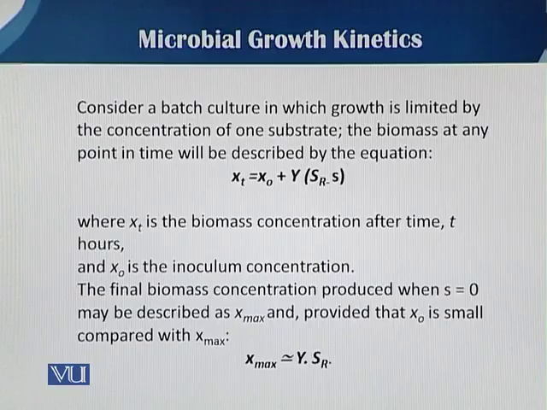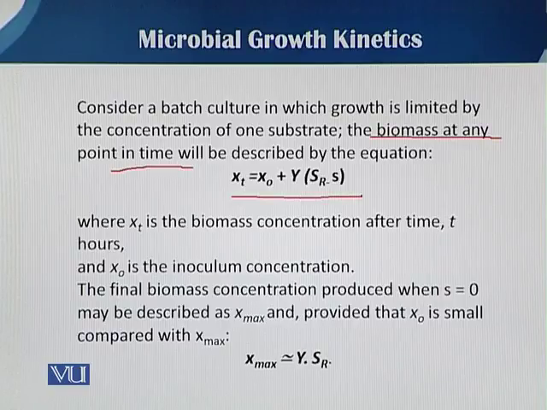So the biomass at any point with respect to time can be described by this equation, X_t. This is the biomass concentration at time t, when we want to know whether addition of the substrate is needed or not.